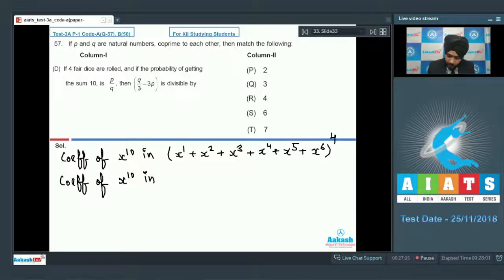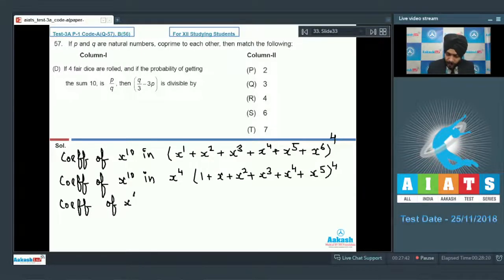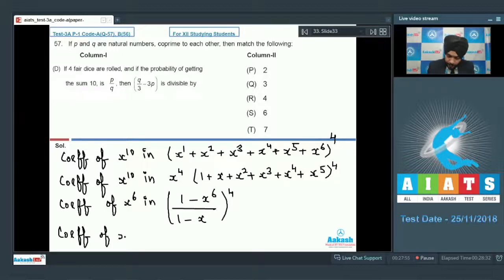Let us take x common. That means x raised to 4 is common. This is 1 plus x plus x square plus x cube plus x raised to 4 plus x raised to 5 whole raised to the power 4. This is the coefficient of x raised to 6 because x raised to 10 will be divided by x raised to the power 4. 1 minus x raised to the power 6 upon 1 minus x raised to the power 4. That is the coefficient of x raised to 6 in 1 minus 4x raised to the power 6.